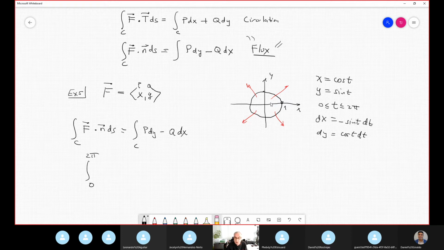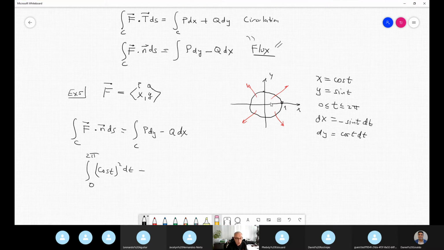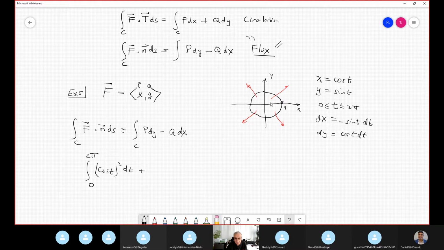So P is x. And who is x? Cosine t. dy. Who is dy? And dy is also cosine. This is cosine squared dt. Minus. Look at the formula. Who is Q? Well, Q is y.